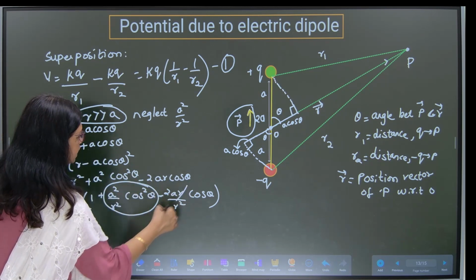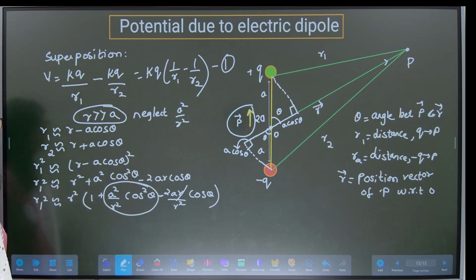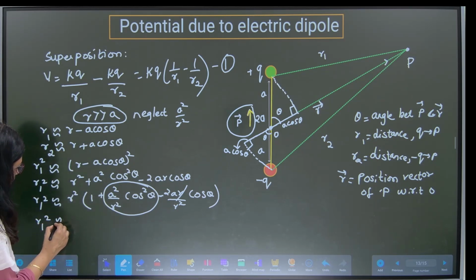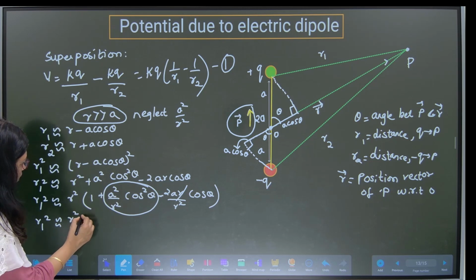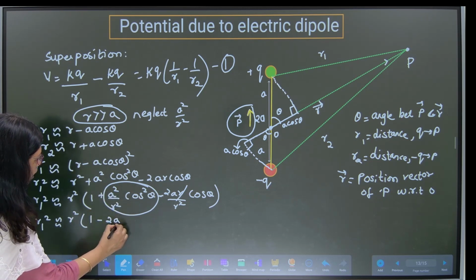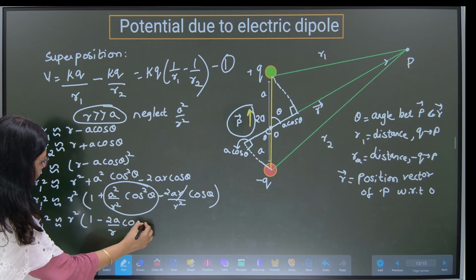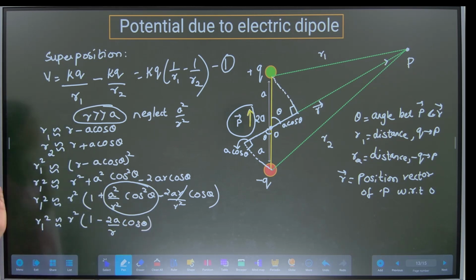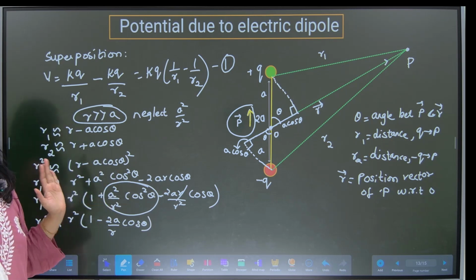So, what do I have? R1 square is equal to R square times 1 minus 2A upon R cos theta, neglecting that term. What did I do? I just squared it and removed the central term.